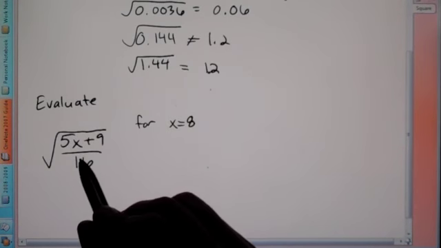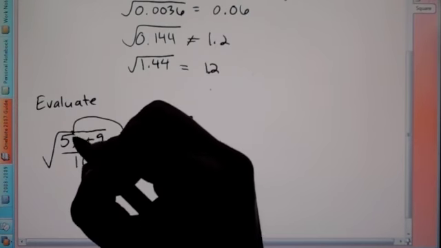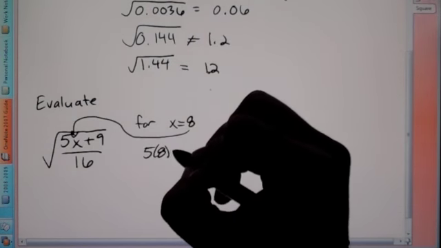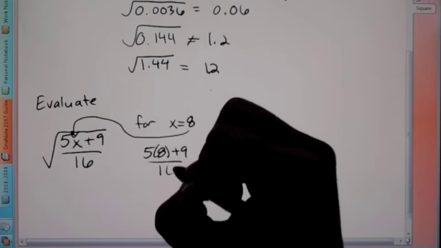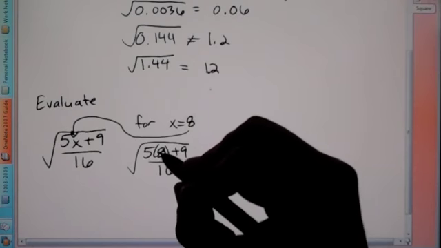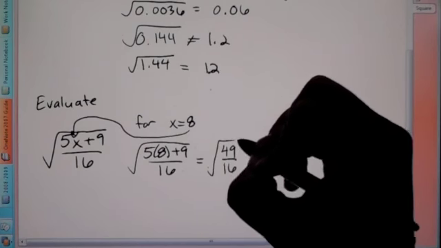Evaluate this root for x equals 8. That means you're going to substitute this 8 in for x. So we get 5 times 8 plus 9 over 16. So that is 5 times 8 is 40, plus 9 is 49 over 16.